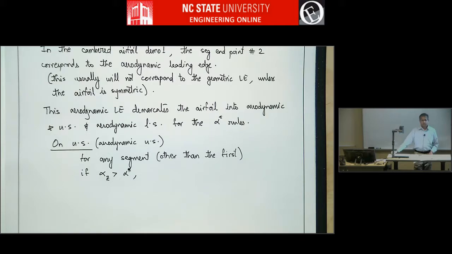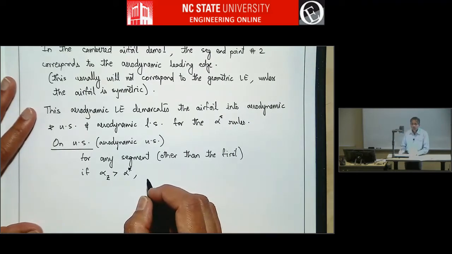Will it be favorable, adverse? If alpha z equals alpha star, it's going to be 0 gradient, right? If alpha z greater than alpha star, adverse, right?